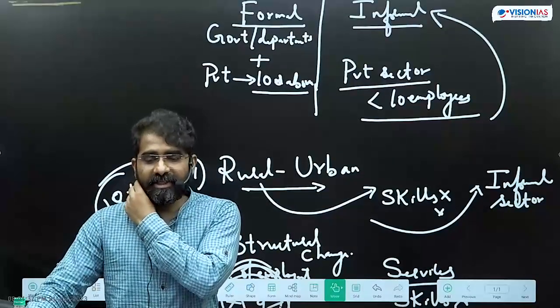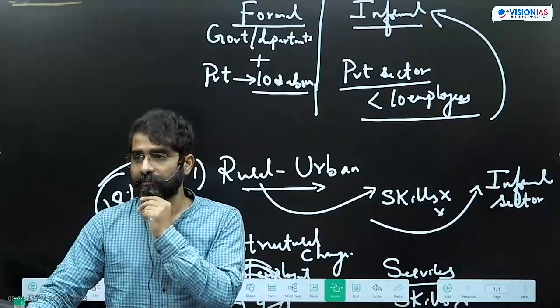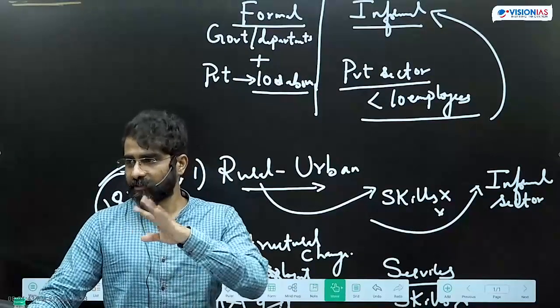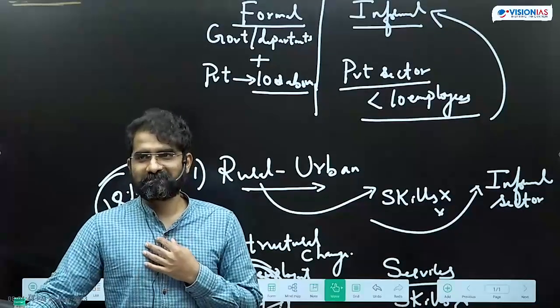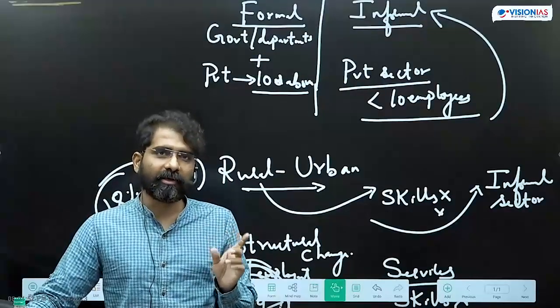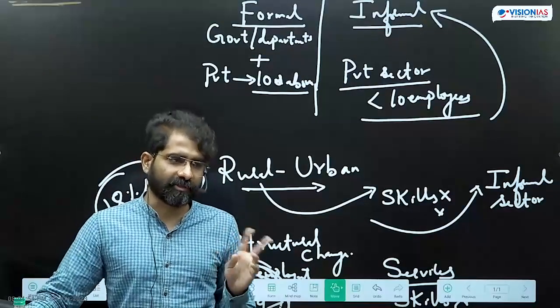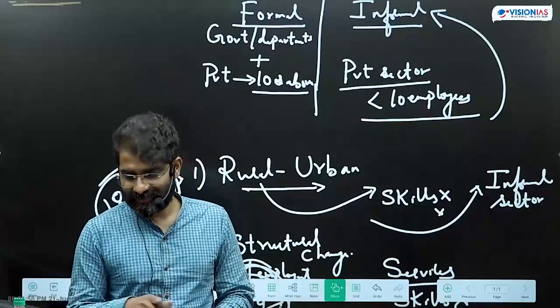Is increased informalization detrimental to the development of the country? Two parts of the question. Don't write the question, you're already tired, I can understand. Two parts: globalization and reduction in formal employment, and challenges of informalization. Okay. Thank you.